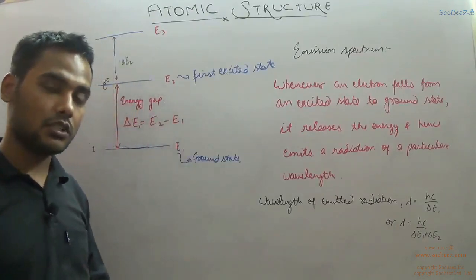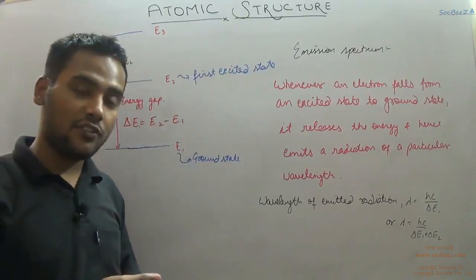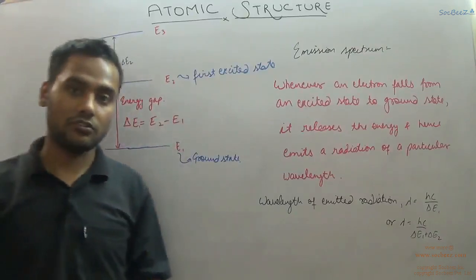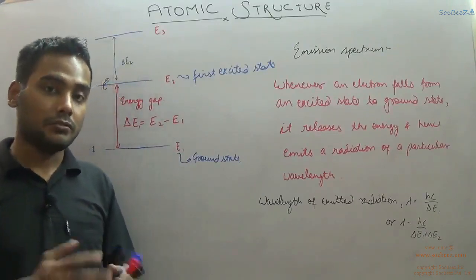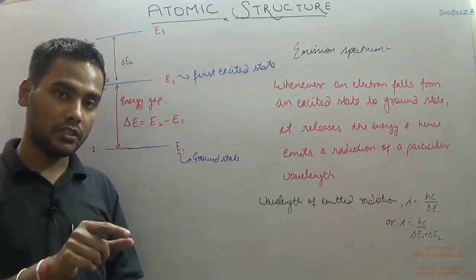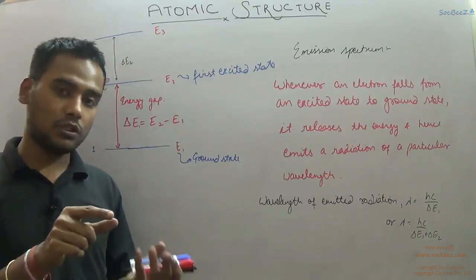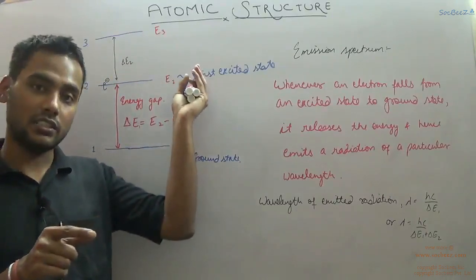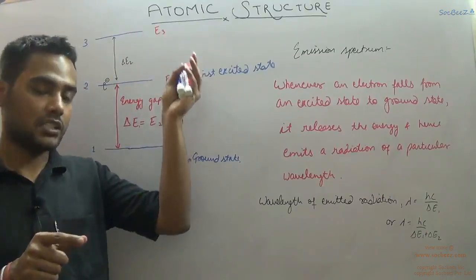Suppose I heat a metal rod, or in the case of flame tests of calcium or magnesium, if you heat the element, it will absorb some energy, and hence it will move to the first excited state, or any other excited state.